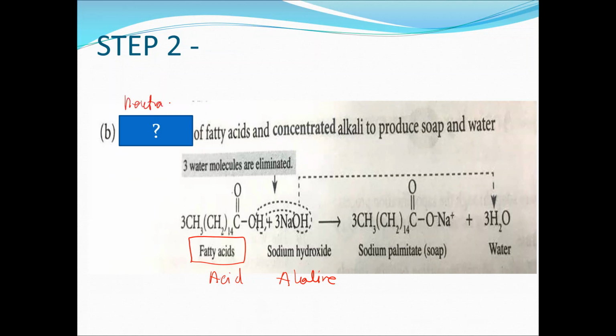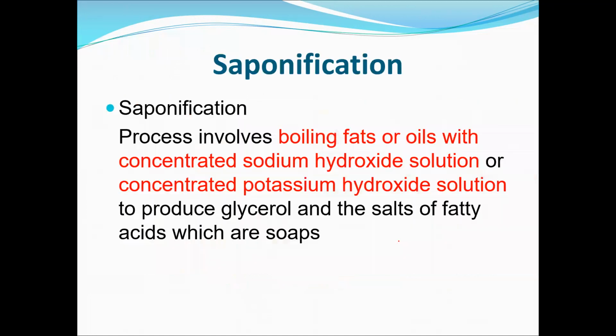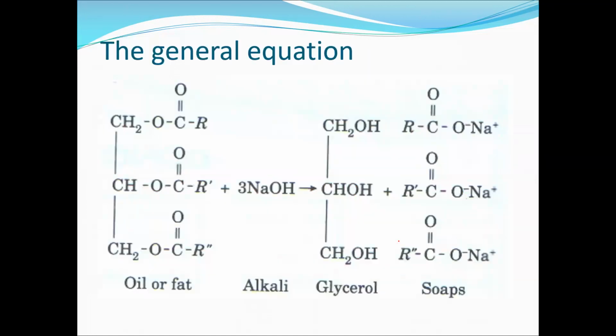It's the neutralization of fatty acids and concentrated alkaline to give me soap and water. So this is the soap that teacher actually wants. What happened? Watch. This fatty acid here is going to react with NaOH and you will get your soap. So I've got a better picture here. This is the picture.